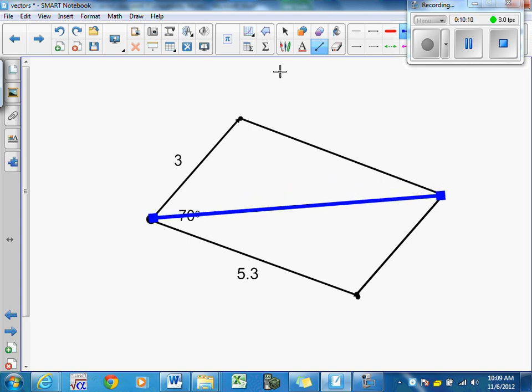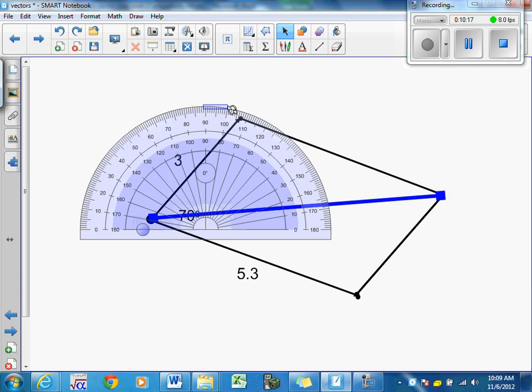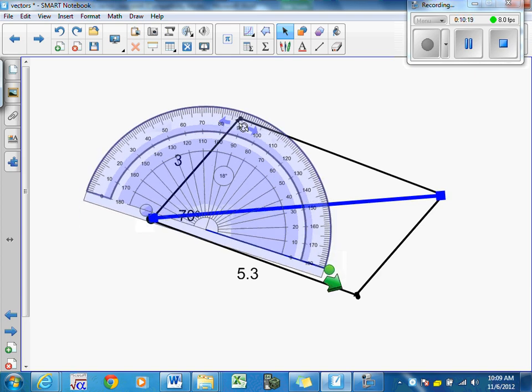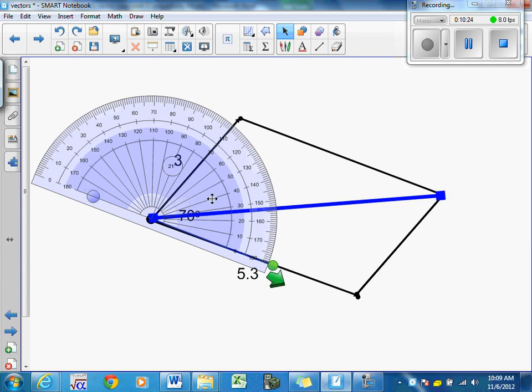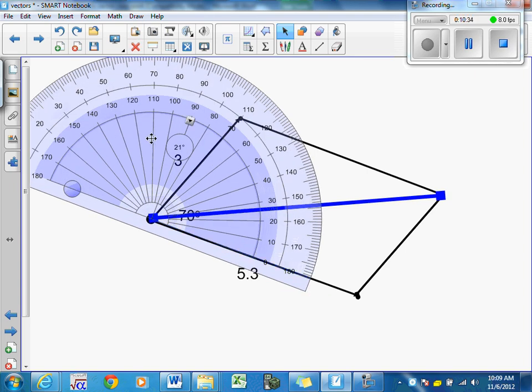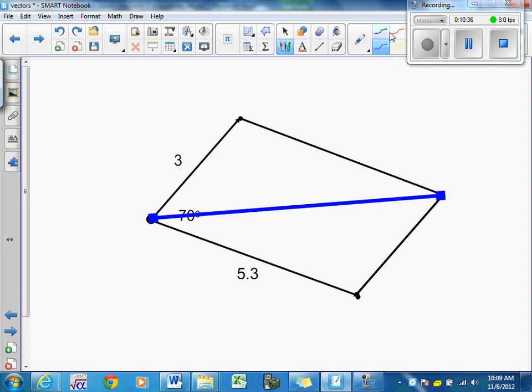Now, for today, what I want you to do then is to use your protractor and measure. What's my angle here? My angle is, let's say, 26. So this angle here is 26 degrees.